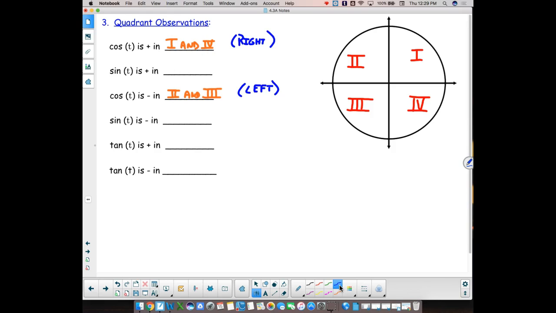1 and 2, so the top half. Negative, 3 and 4, which is the bottom half.